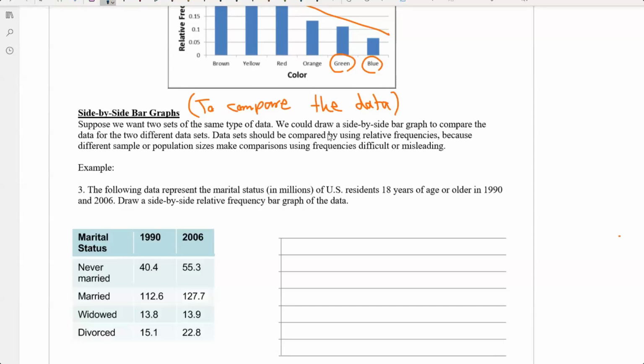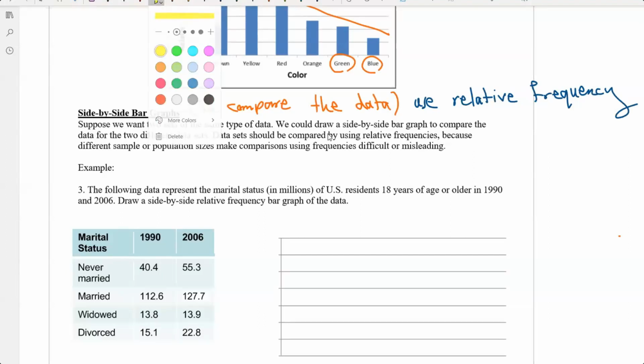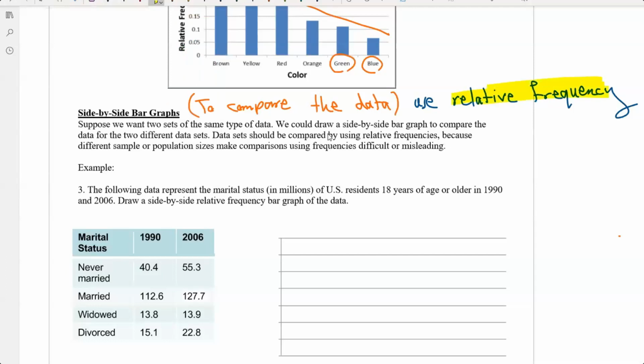And for this one, if you use frequency, that will be hard to find or make a decision. So usually for this side by side, we use relative frequency. So we're going to use relative frequency for the side by side bar graph.